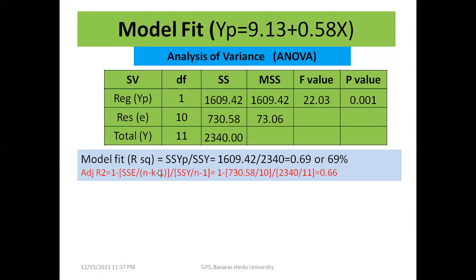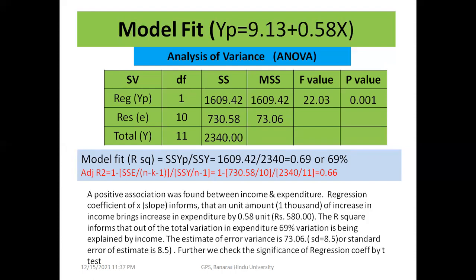So we say that 69% of the variation of the dependent variable Y, meaning expenditure, was due to income. With the increase and decrease of income, 69% variation in expenditure was observed, and the remaining is due to other causes.